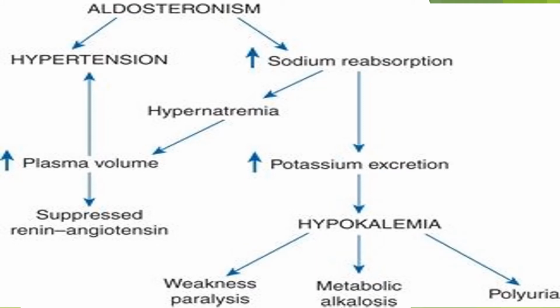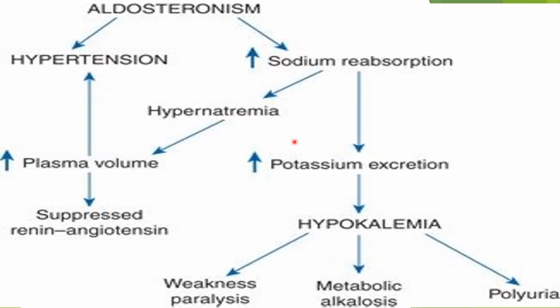Again, let us summarize the effects of hyperaldosteronism. It causes hypertension because it leads to sodium reabsorption and subsequently water absorption, so the absorption of sodium chloride and water leads to increased plasma volume and hypertension.